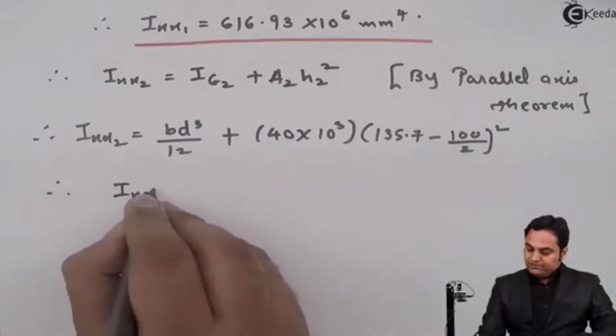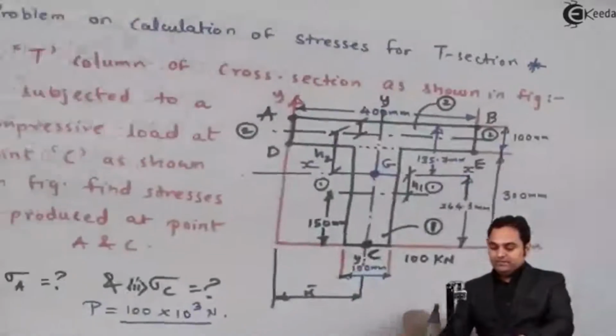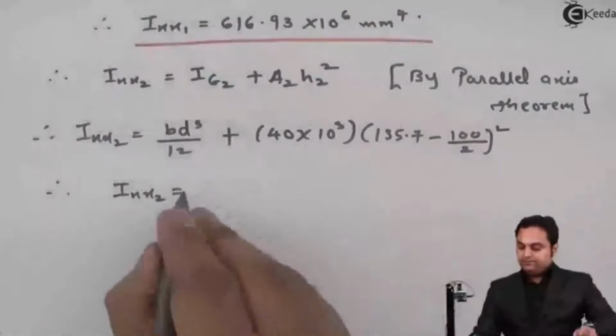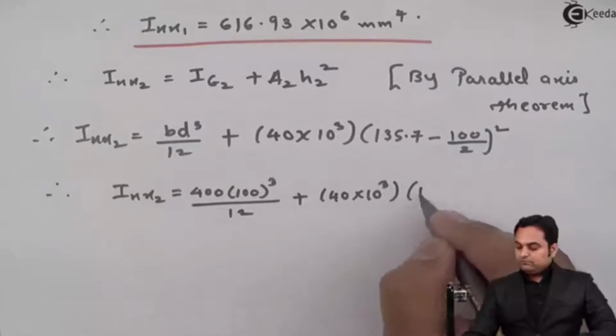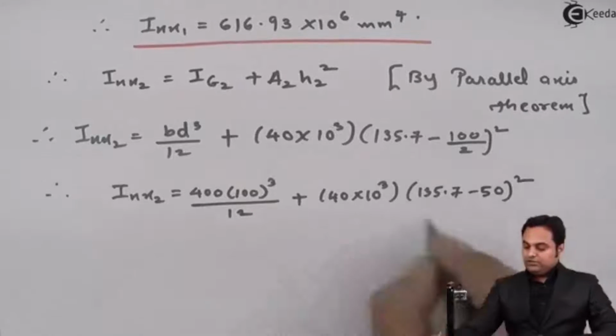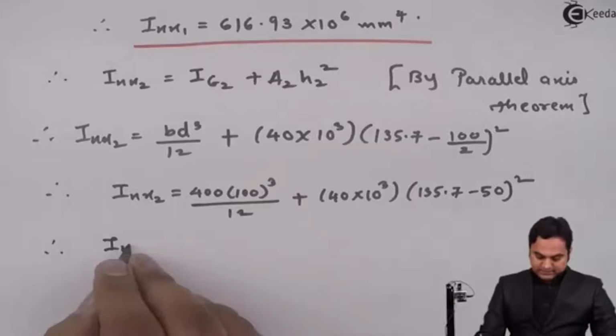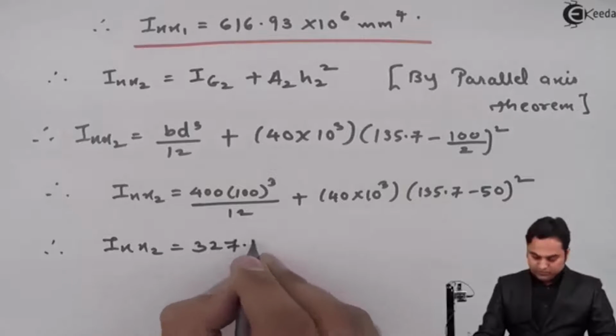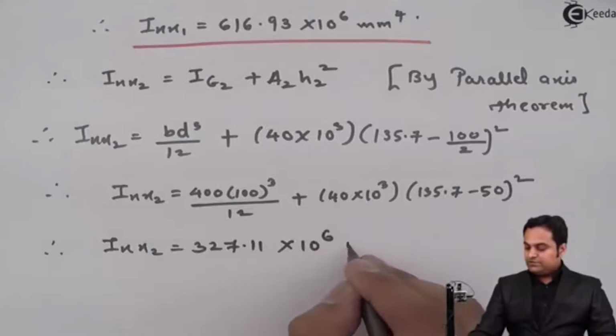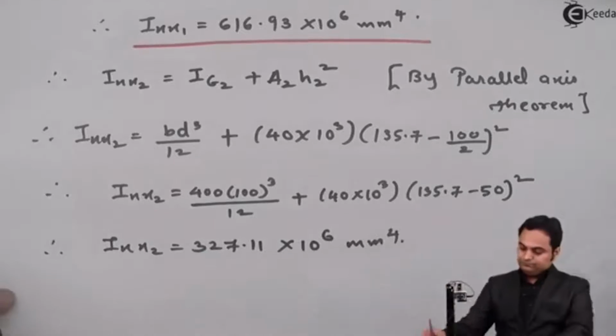Here for the second rectangle, B is 400, D is 100. Calculating this throughout, I'll get Ix2, which is 327.11 into 10 raised to 6 mm raised to 4.